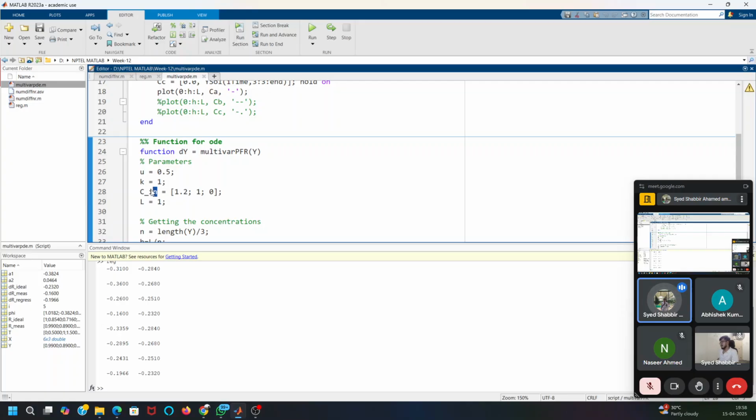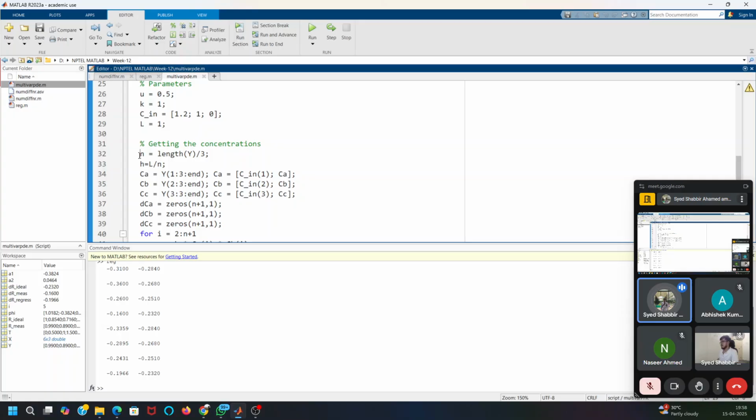At the inlet, the boundary values of C are 1, 2, 1 and 0. So these values are given, and then we have to divide it into n segments.